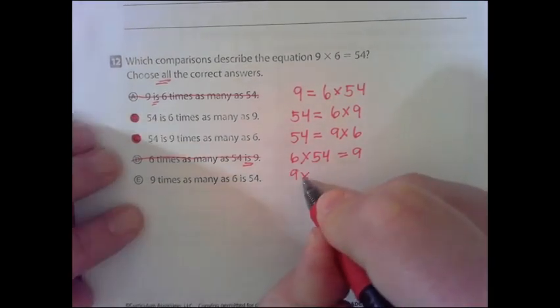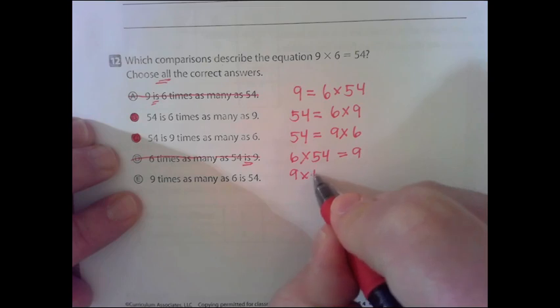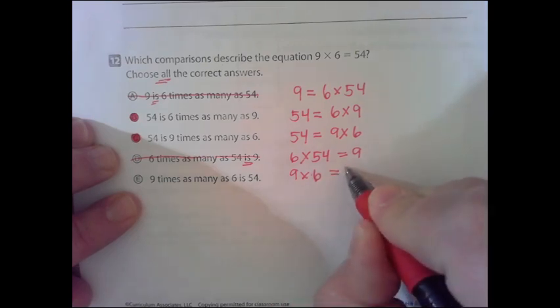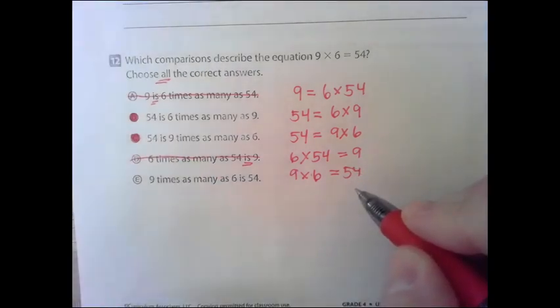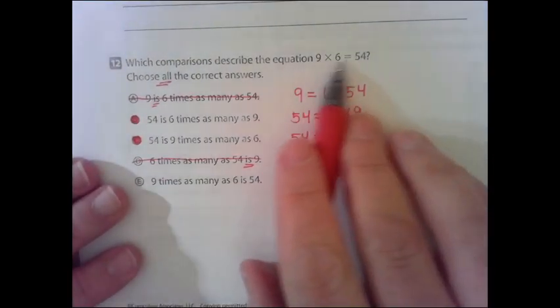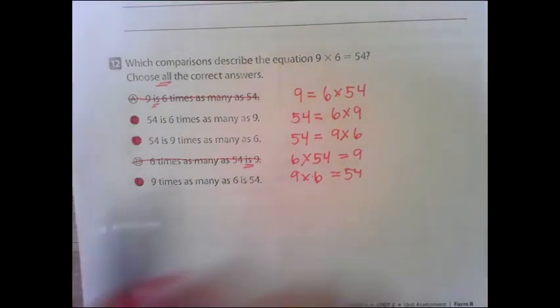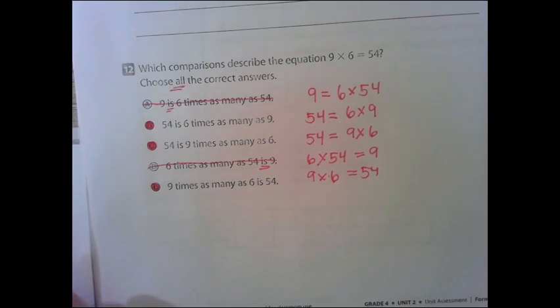E: 9 times as many as 6 is 54. Well, lo and behold, that's exactly what we have up here. So that one is also correct. So you have 3 correct options here.